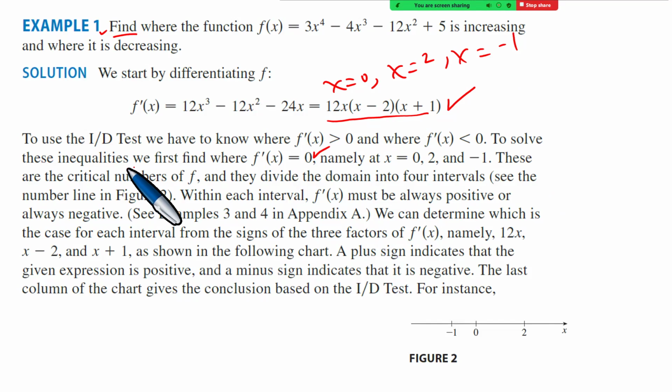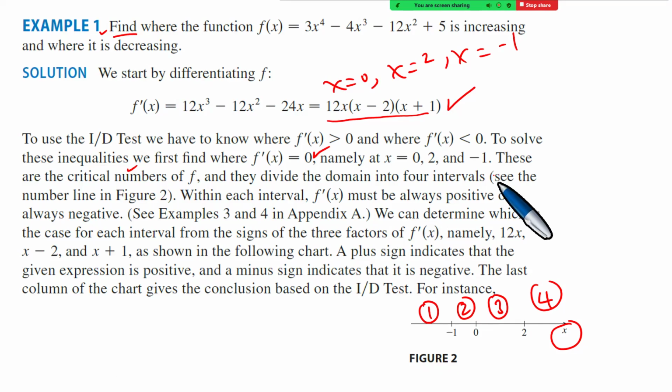We call them critical numbers of the function, and they divide the domain into 4 intervals. See the number line in figure 2. What is the domain? The domain is the set of the x values, and it is subdivided into 4 parts or 4 intervals.